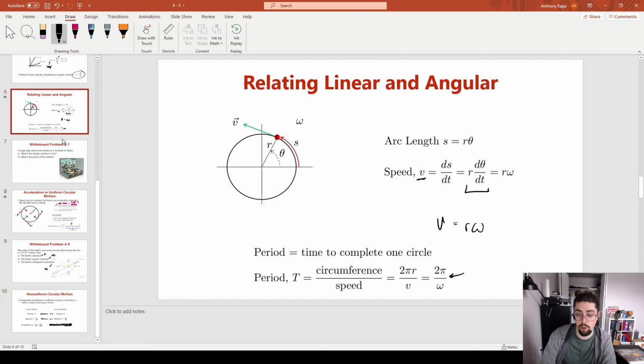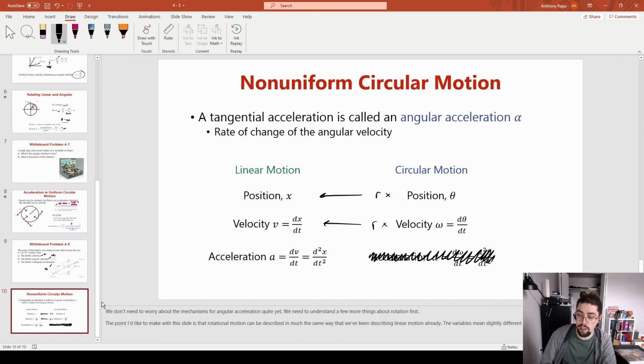We can look back at our equations and find that. v is equal to r omega, s is equal to r theta. That's the relationship between circular things and linear things. It's a really easy relationship, and all of the things you have learned so far about acceleration, velocity, position, any of those relationships, they hold true for circular motion because everything's parallel.